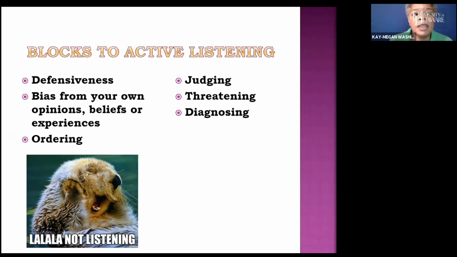And it's easier to fall back on our own opinions and our own beliefs and our own experiences than to try to understand other people's. And it's not something that we're doing in an insidious way or to be mean. It's just something that we do as humans. It makes sense that if your experience is a certain way, you assume that that is the experience other people have had, and it may not be.